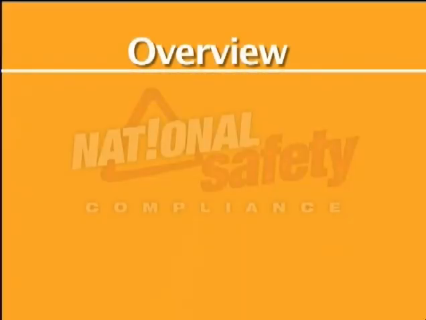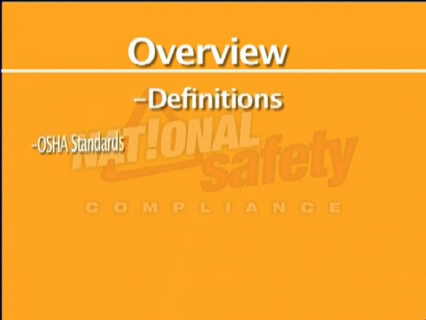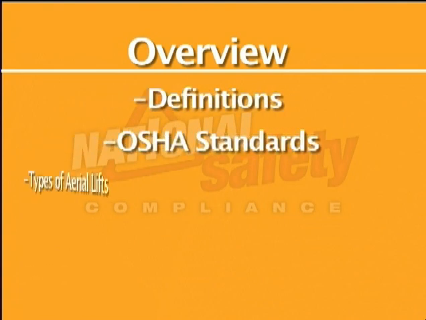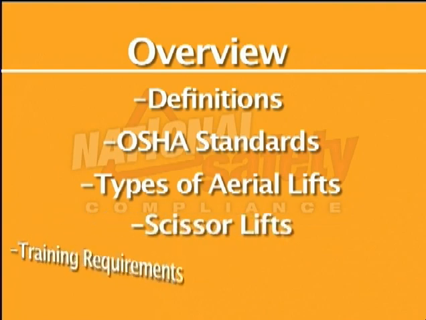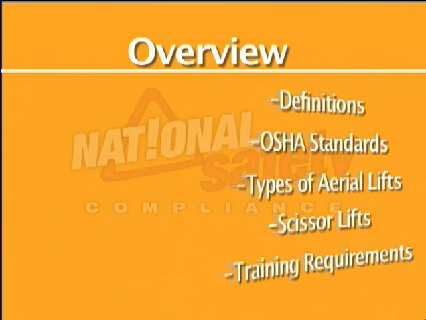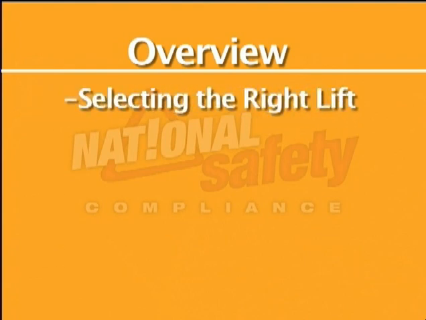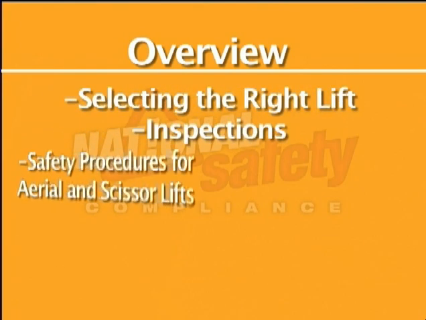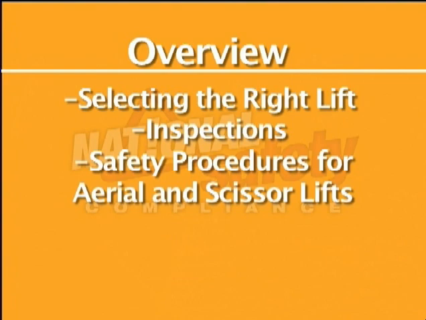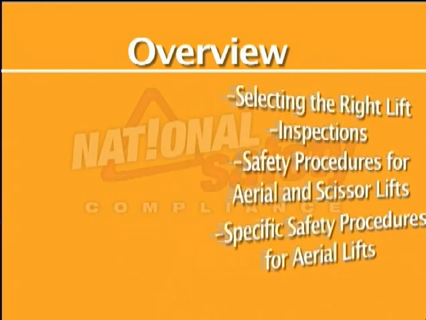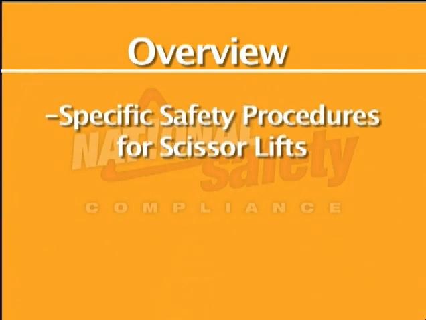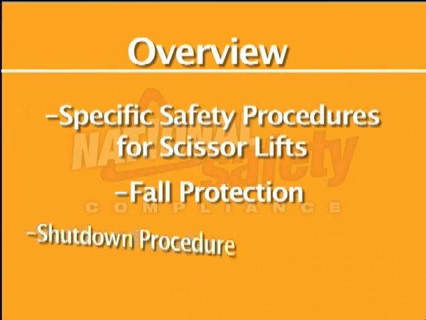The contents of this video are as follows: definitions of lifts, OSHA standards, types of aerial lifts, scissor lifts, training requirements, selecting the right lift, inspections, safety procedures for aerial and scissor lifts, specific safety procedures for aerial lifts, specific safety procedures for scissor lifts, fall protection, shutdown procedure.